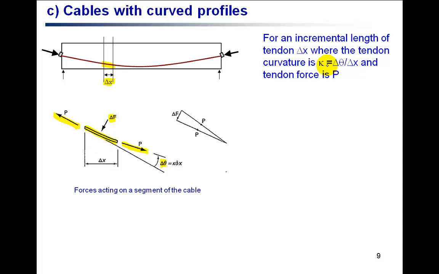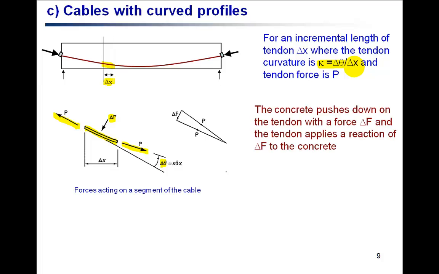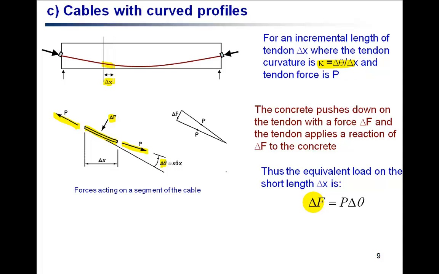So for this small cable length delta X, the curvature of the cable is delta theta over delta X, and the equivalent load on the short length delta X is the vertical force component of this force delta F, which is P delta theta.